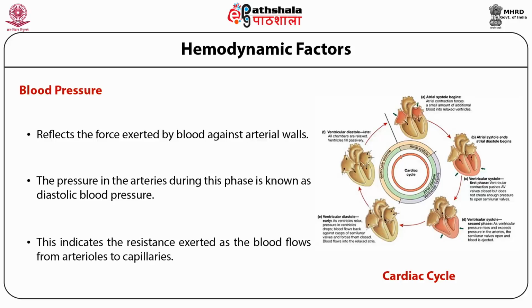This indicates the resistance exerted as the blood flows from arterioles to the capillaries. One can easily feel the pressure as pulse at the superficial radial artery on the thumb side of the wrist, the temporal artery on the temple side of the head, and the carotid artery along the side of the trachea.